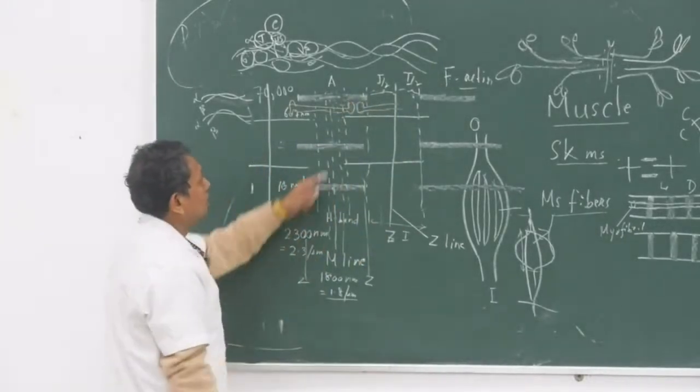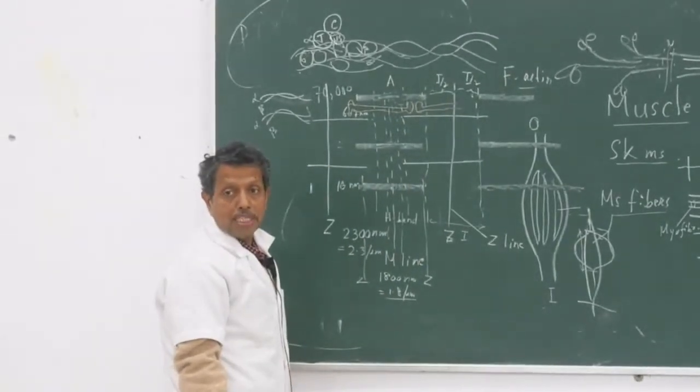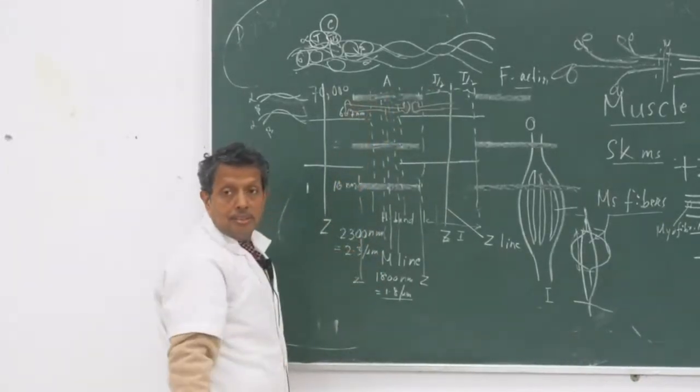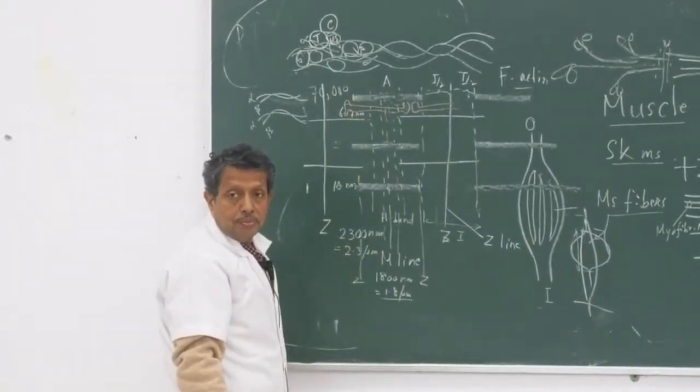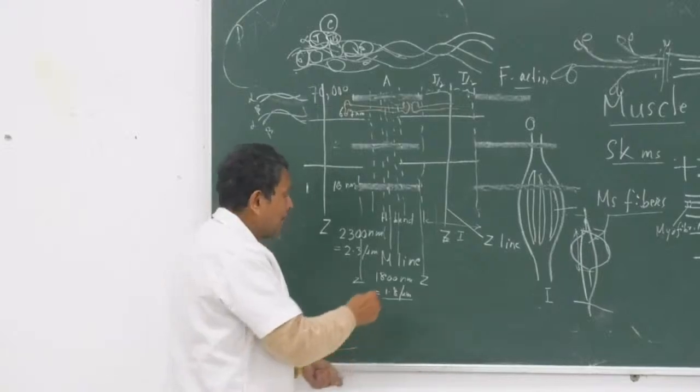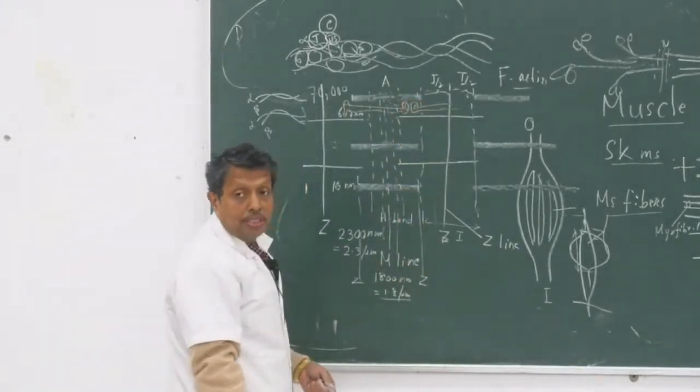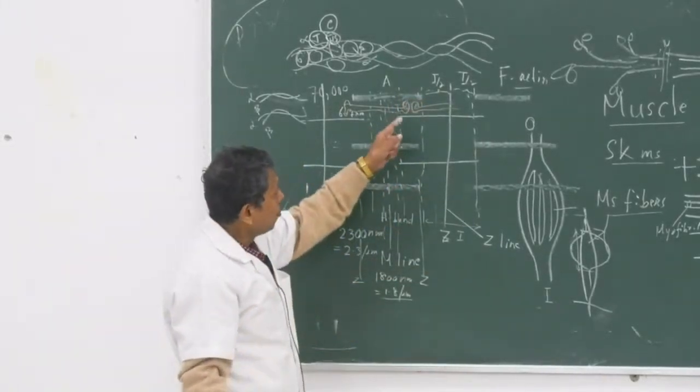These are terminal cisterns of the endoplasmic reticulum. They are surrounding these filaments of the myofibril, and they harbor calcium ions stored with calsequestrin protein.